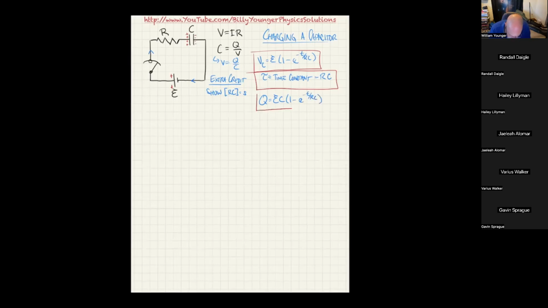So that's the equation for the charge on the capacitor at any time t.